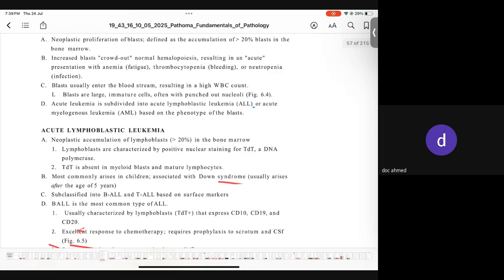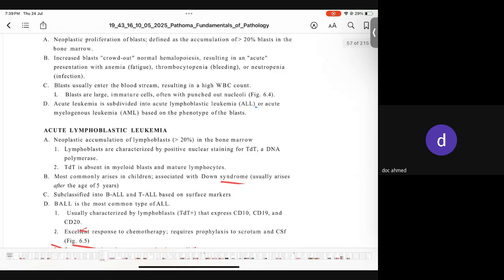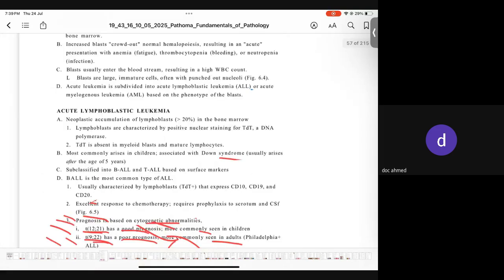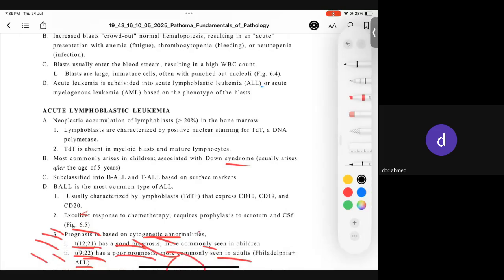And we are going to see something called TDT. TDT is present in the lymphoid lineage, and in the myeloid lineage we were seeing myeloperoxidase, or Auer rods. So TDT is absent in myeloid, while it is present in the blast cells of your lymphoid lineage. Keep that in mind.